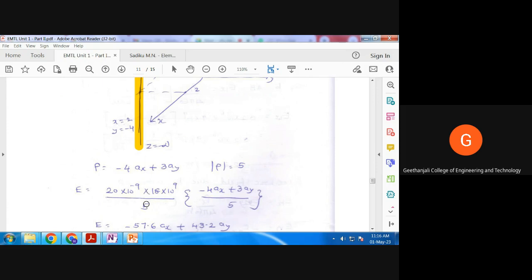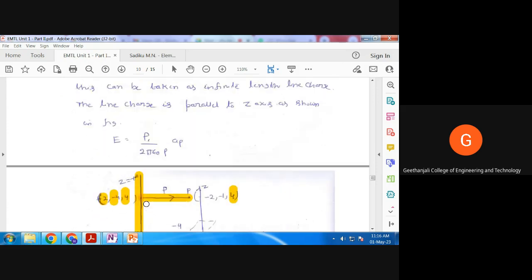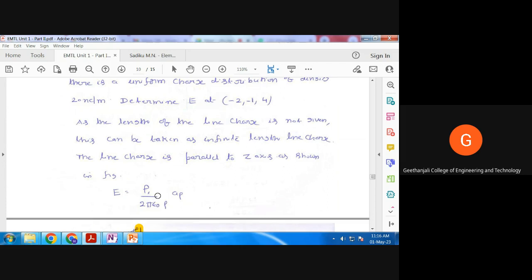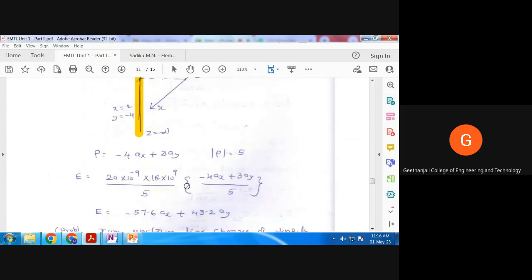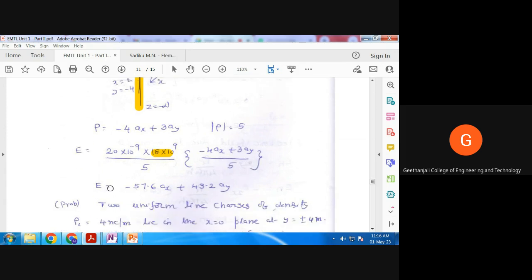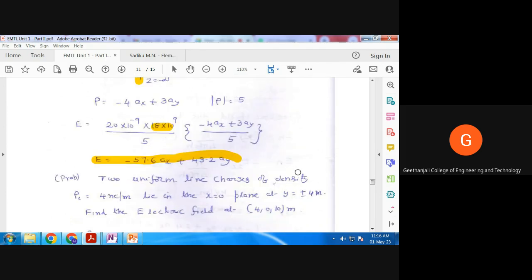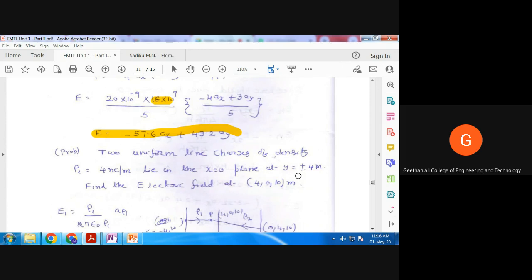The electric field intensity is rho L, that is 20 nanocoulombs, by 2 pi epsilon naught. 1 by 4 pi epsilon naught is 18 into 10 to the power of 9, so 1 by 2 pi epsilon naught is 18 into 10 to the power of 9, divided by the magnitude of rho, which is 5. A rho is equal to minus 4 ax plus 3 ay by 5. So ultimately what we have got is minus 57.6 ax plus 43.2 ay.